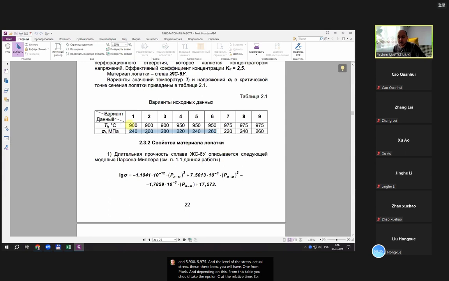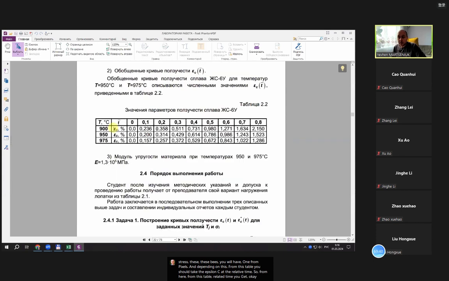So, from this table you get the relative time. Then you will need to recalculate the relative time, this column, into time in hours. How to recalculate? You should use the Larson-Miller model for the given material and calculate time to fracture first, because relative time is what?